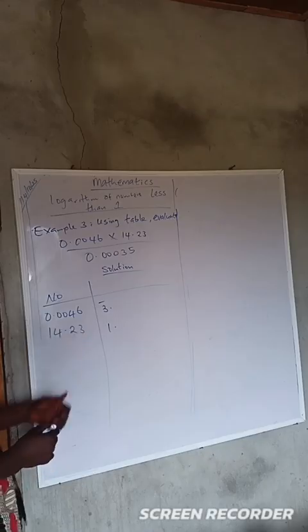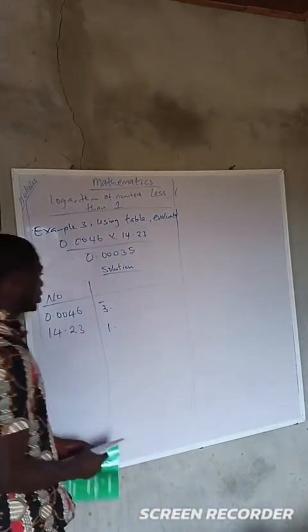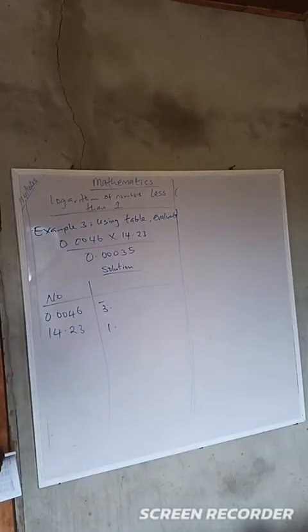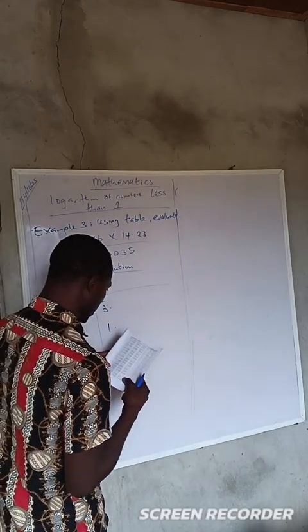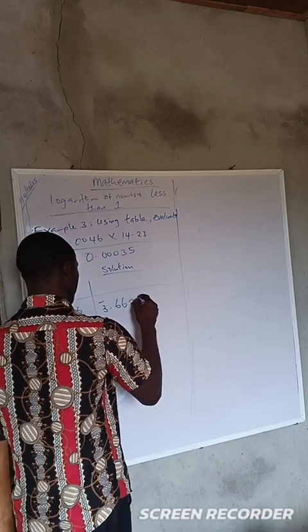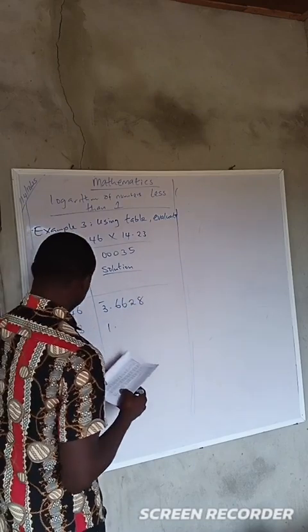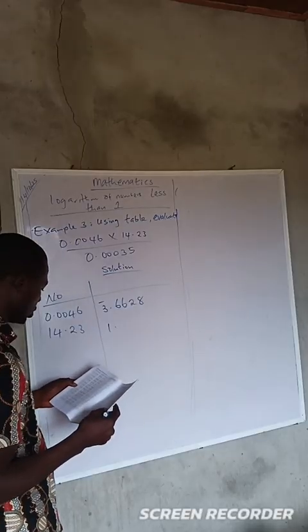Now let's check the logarithm table to get what you have here, and then we can deal with the denominator as well. So you check 46 under 0 on your logarithm table. 46 under 0, you have 6628. And for this 14.23, you are going to check 14 under 2.